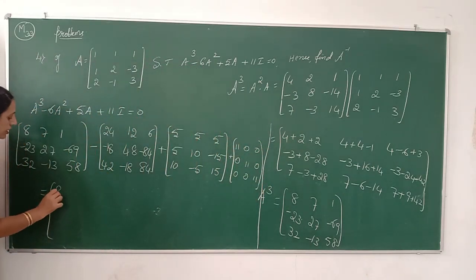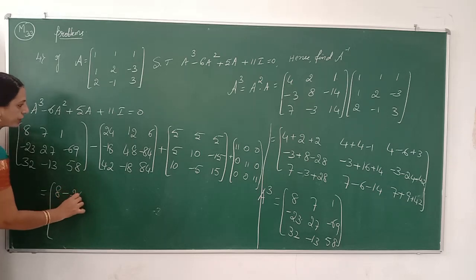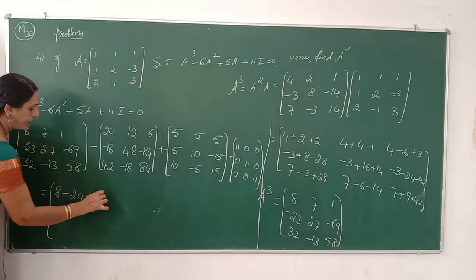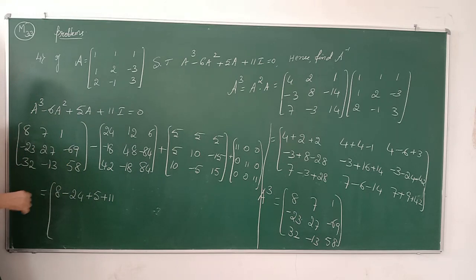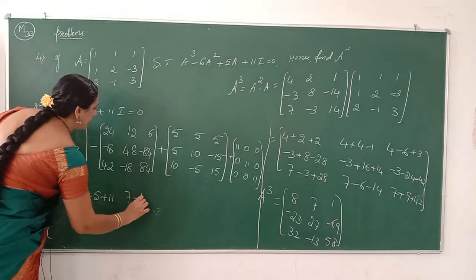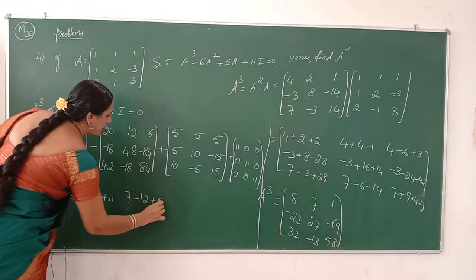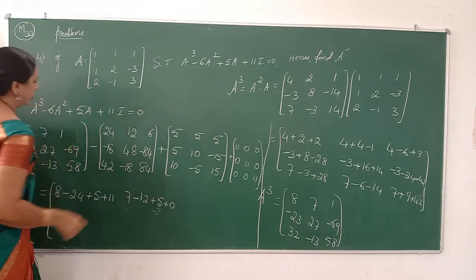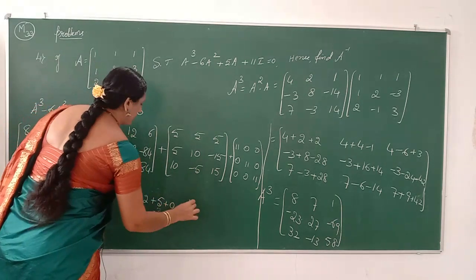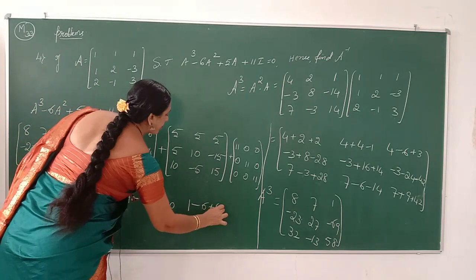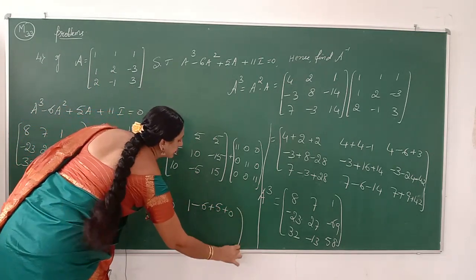First elements are 8 minus 24 plus 5 plus 11. Second element is 7 minus 12 plus 5 plus 0. Third element is 1 minus 6 plus 5 plus 0.